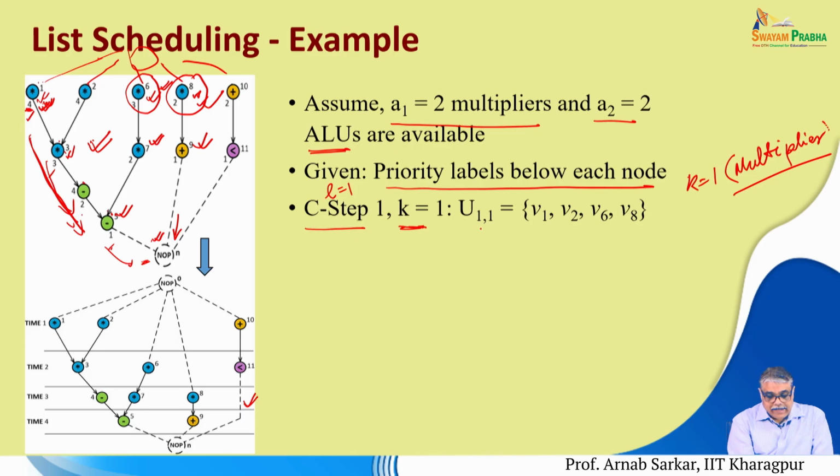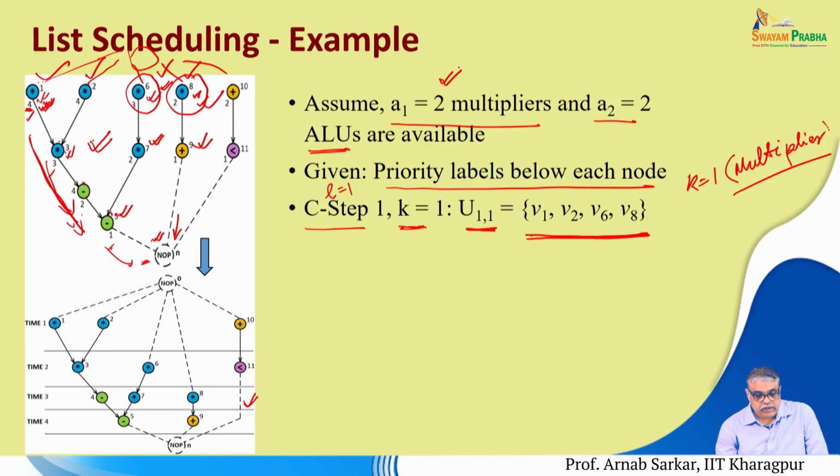So, at the first time step our candidate operations are V1, V2, V6 and V8, all of type multiplication, right. Then among them which are the highest priority? We cannot schedule all of them in the first time step. Why? Because we only have 2 multipliers, although we have 4 ready to be scheduled operations.